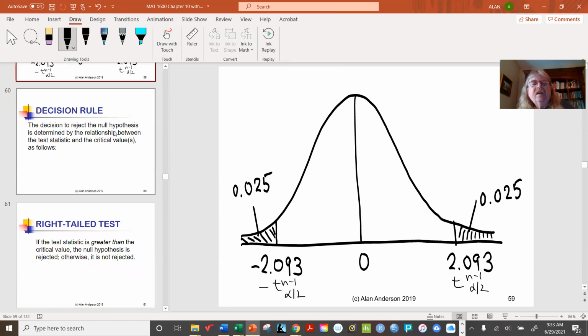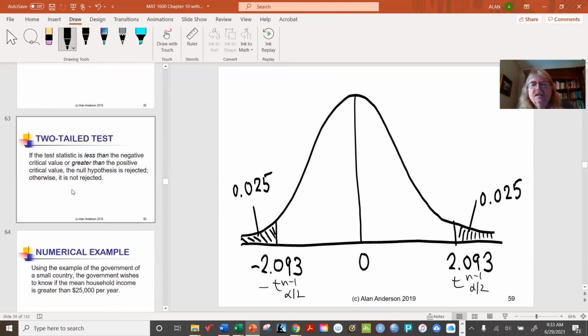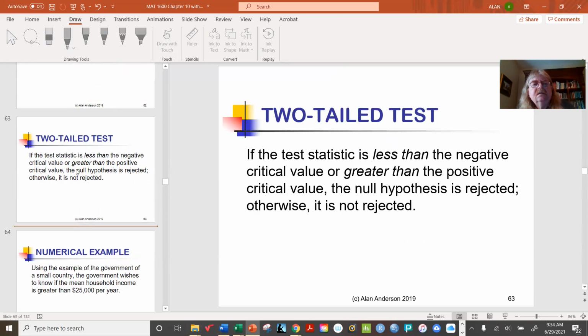All right. And then finally, the decision rule, we've already kind of discussed that. Basically, in a nutshell, if the test statistic is in the rejection region, and I'd like to summarize that again here somewhere. Well, I think we already get it.